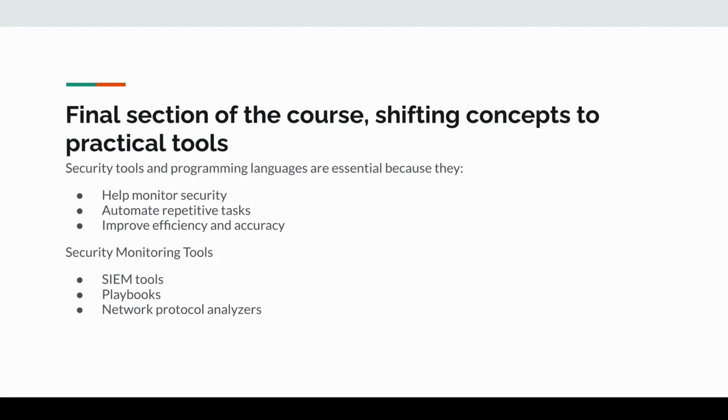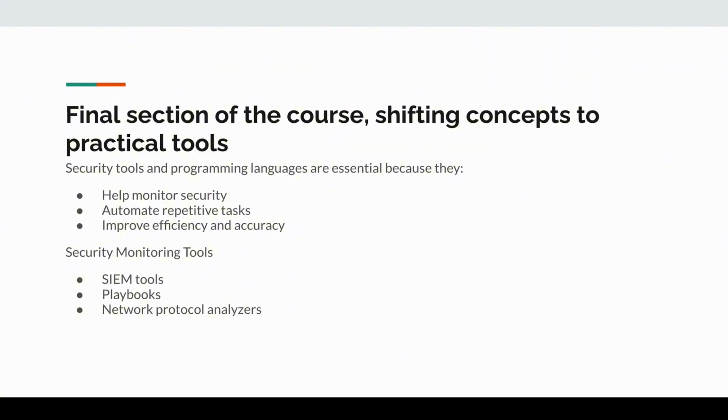Okay, so final section of the course where it's going to shift from concepts to practical tools. It is going to talk about security tools and programming languages. They're essential because they help monitor security, automate repetitive tasks, and improve efficiency and accuracy. So you're not expected to master them yet, but this module is just the exposure and the foundation of it.